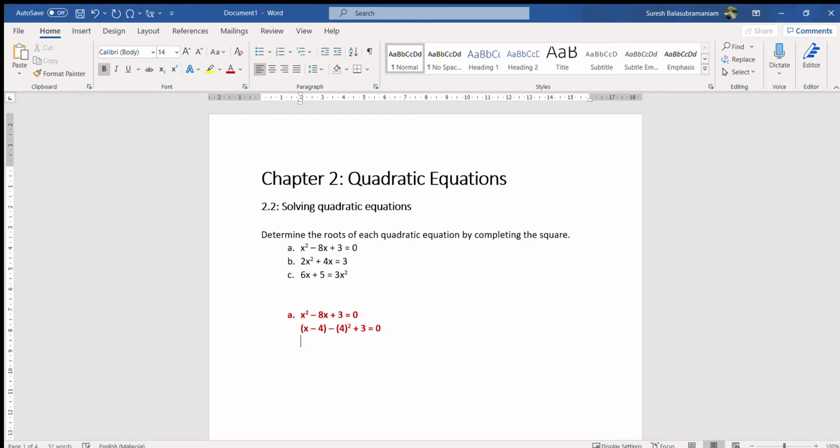Now, oops, I forgot one thing. X minus 4, there is a square here. Now x minus 4 squared, minus 4 squared is 16, so minus 16 plus 3 equals 0.